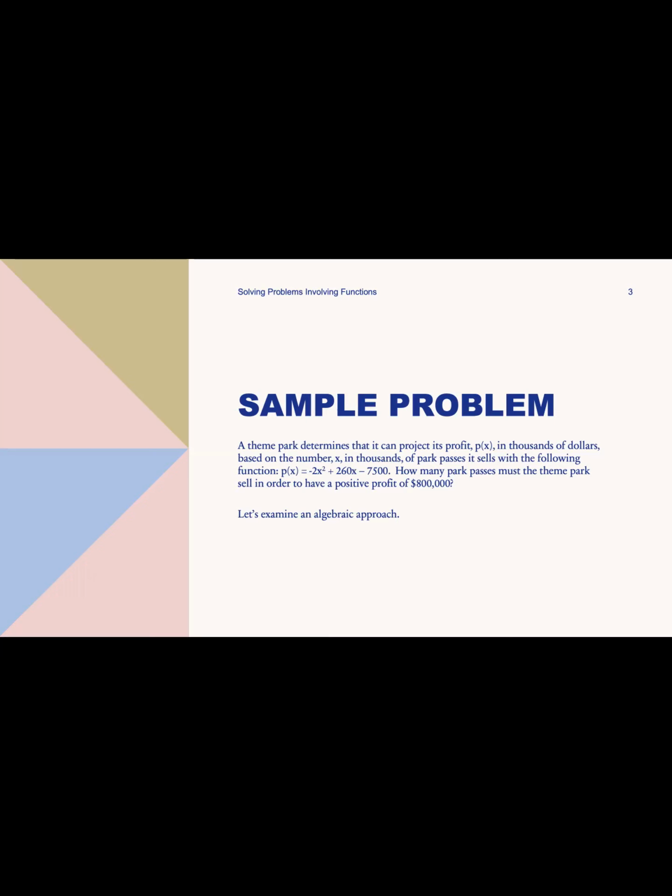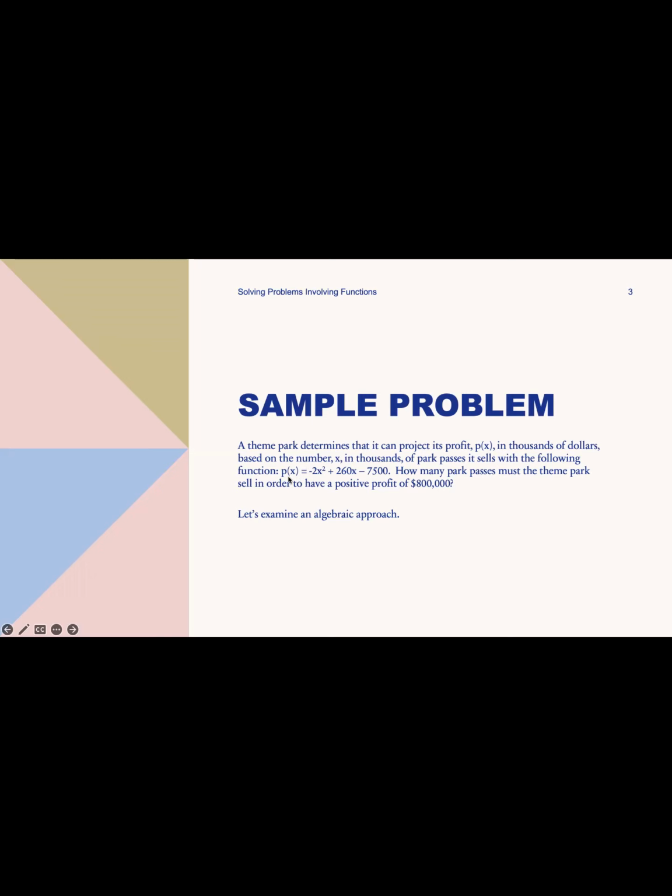The first thing I would recommend when dealing with a problem involving a function, before you dive into trying to solve the problem, is to take a moment to understand the context of the problem. That will really help you. For example, I want to figure out first what the two variables represent in this function.